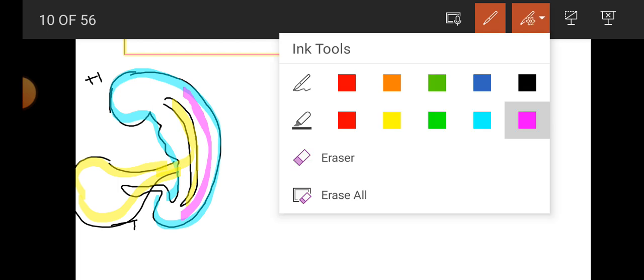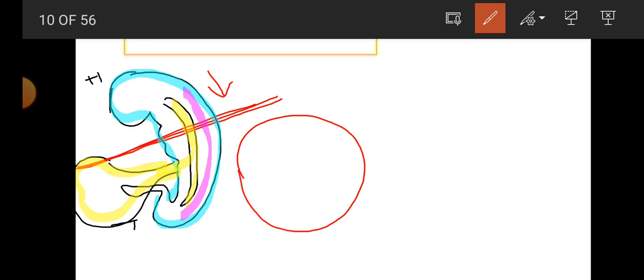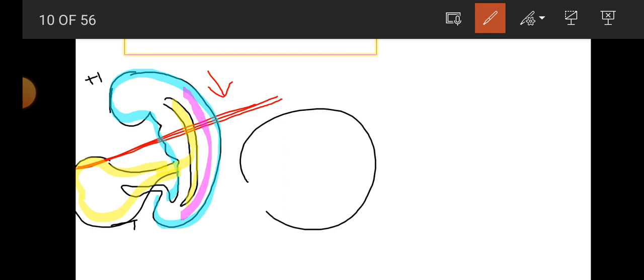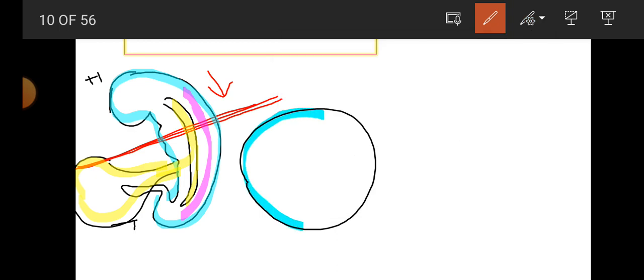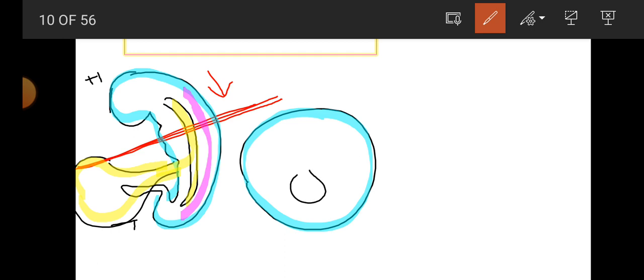Now, if I take a transverse section like this, if I cut the embryo and view from top, I will see a cylinder. In this cylinder, the outside is the ectoderm, and I will have the yolk sac being pinched inside as the developing gut.